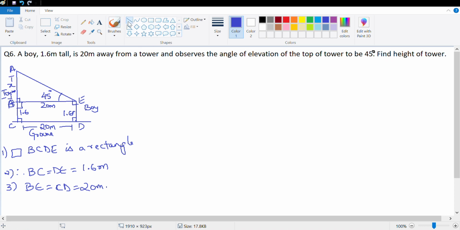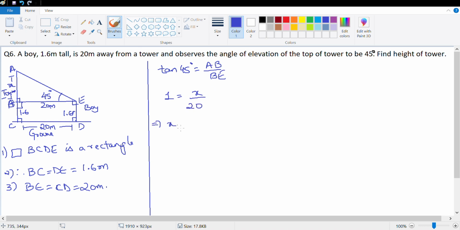Let's just find the height of the tower using a trigonometrical function. I think it will be again height X upon 20 will give me tan. So tan 45 degree would be equal to AB upon BE. Tan 45 is 1. AB we don't know, it is X, and BE is 20, which means X is equal to 20 meter.